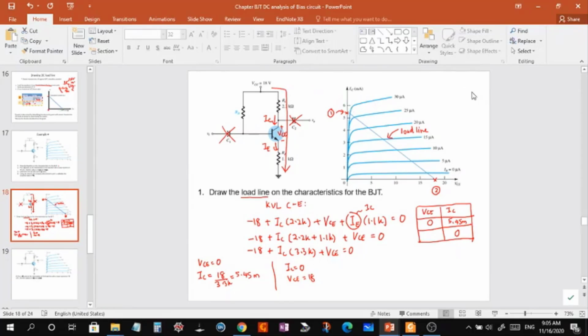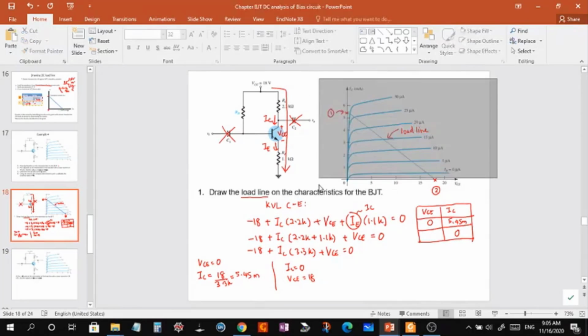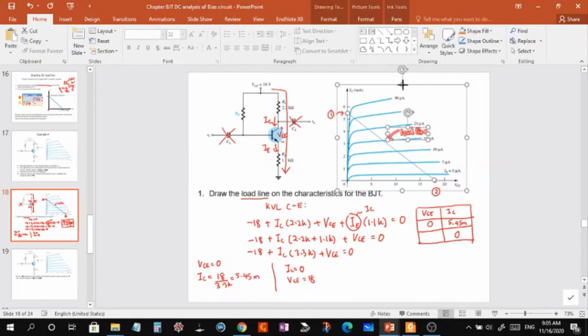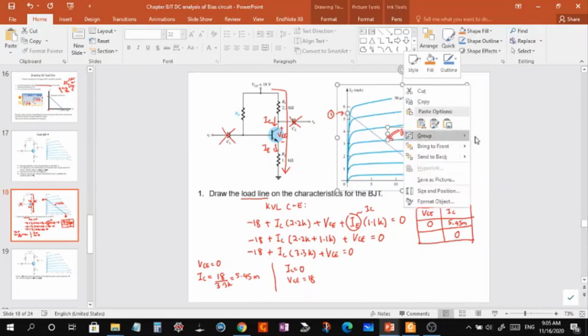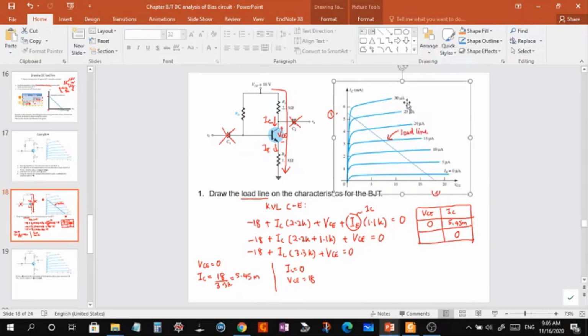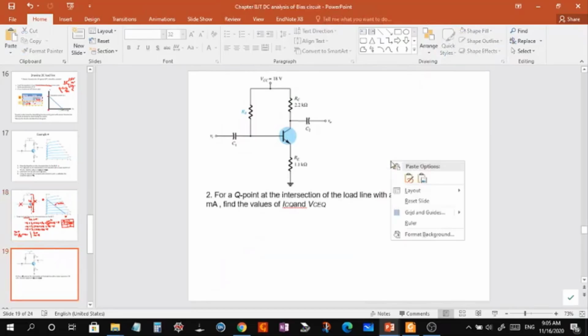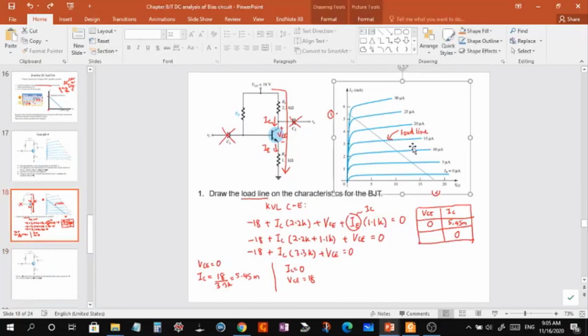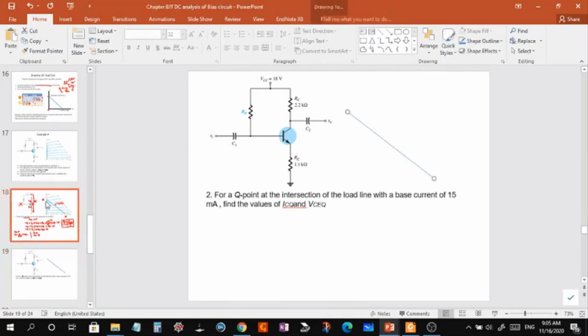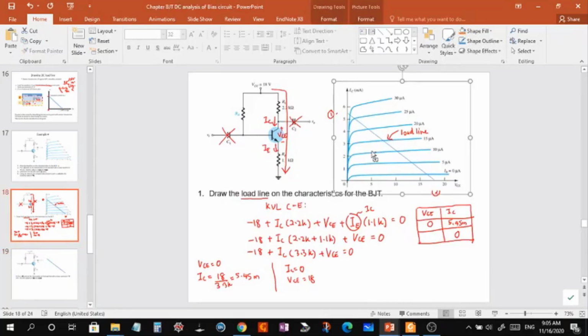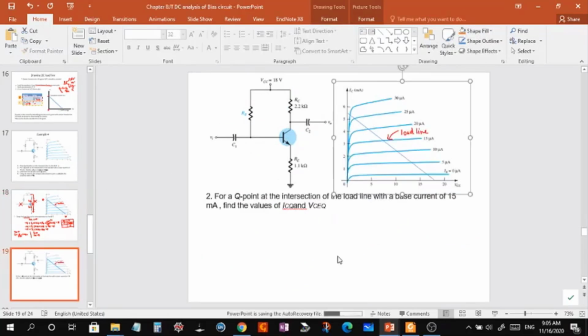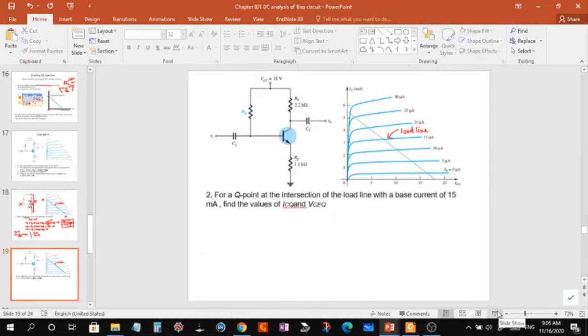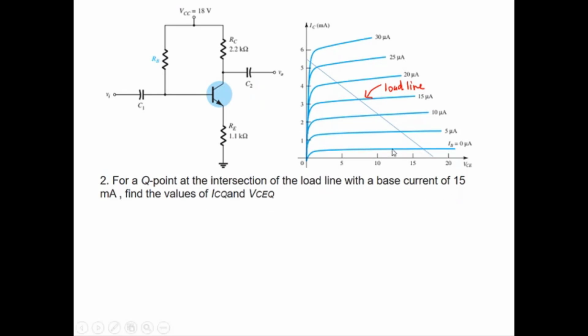Okay, so let's assume this one is your load line.